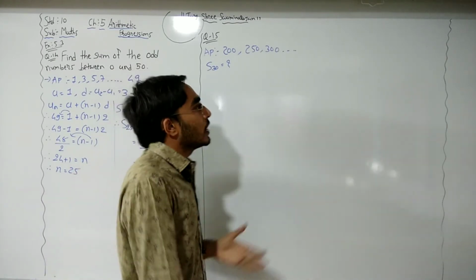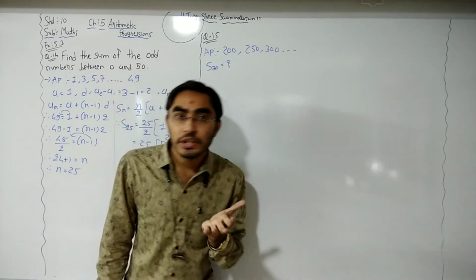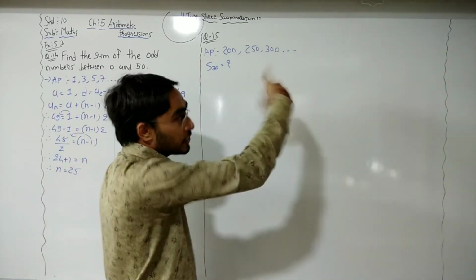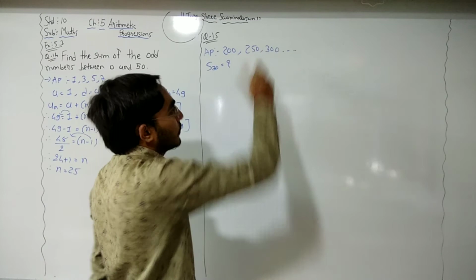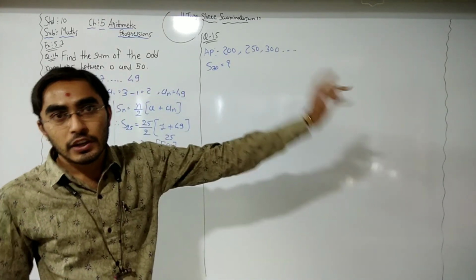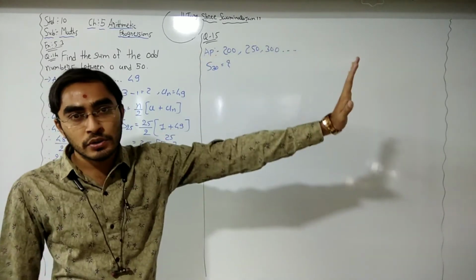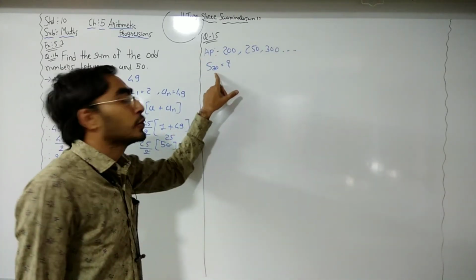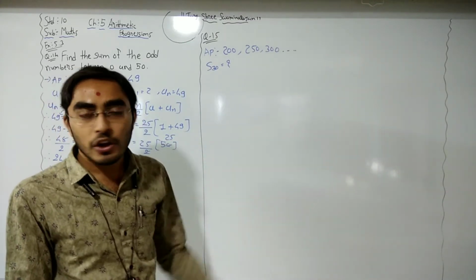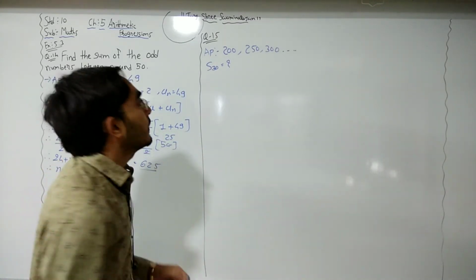If the contractor delays for the 30 days, then he needs to pay all the values for each day. First day 200, second day 250, likewise he needs to pay for the 30 days. That's why here we need to use S30, because we want the addition of 30 terms of this AP.